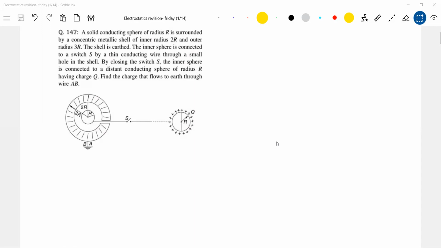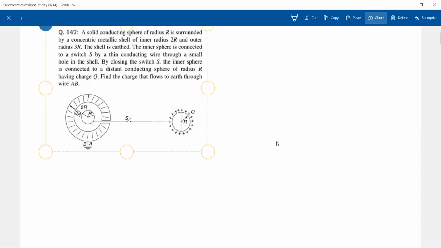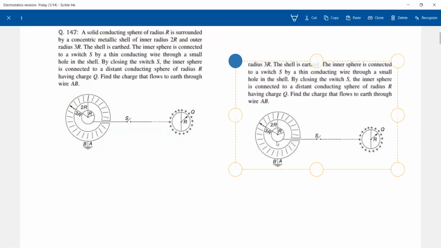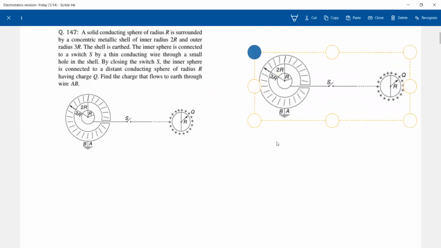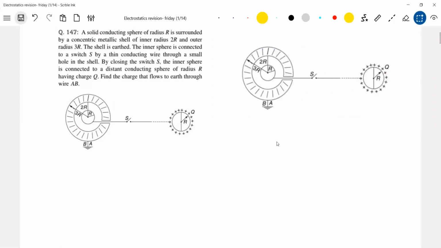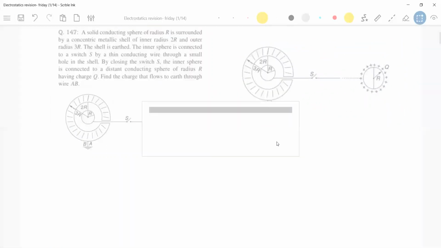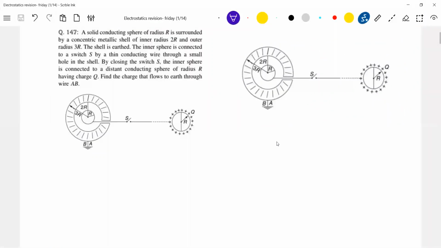So this is what happened. Okay, let me take the same diagram. So what is the charge? Charge here, let it be some.